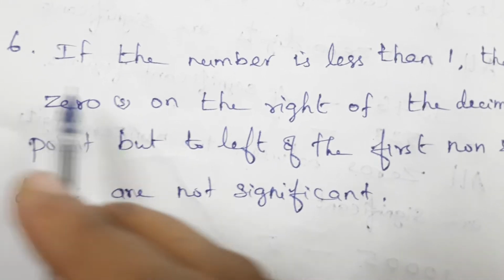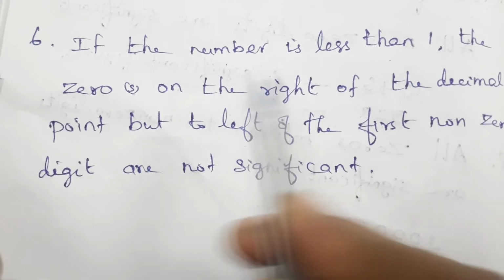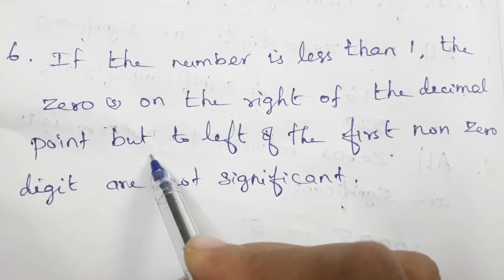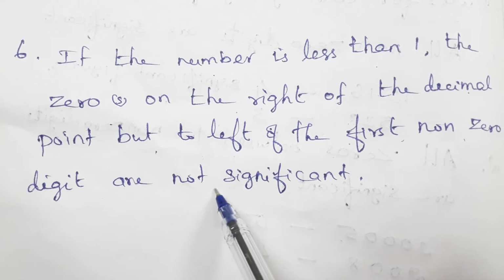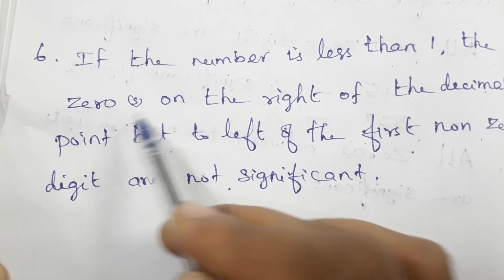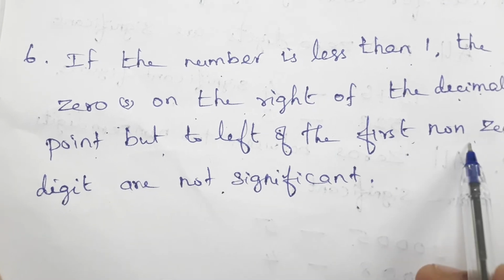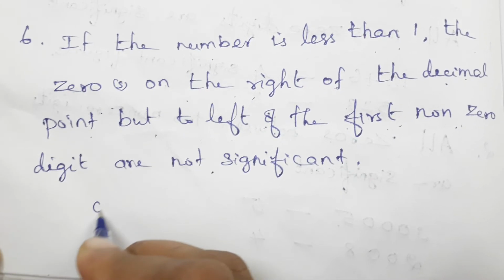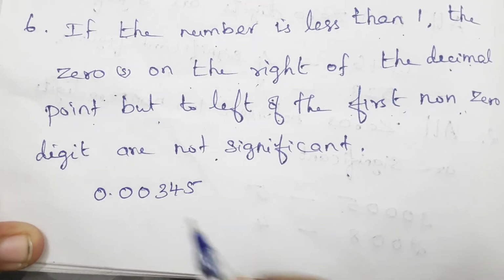The next rule: if the number is less than 1, the zeros on the right of the decimal point but to the left of the first non-zero digits are not significant. For example, 0.00345.